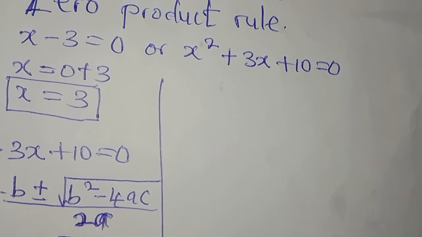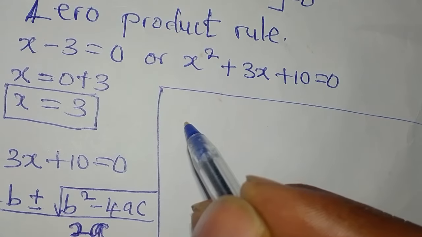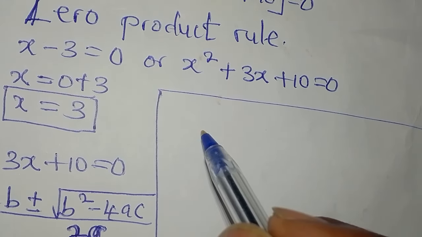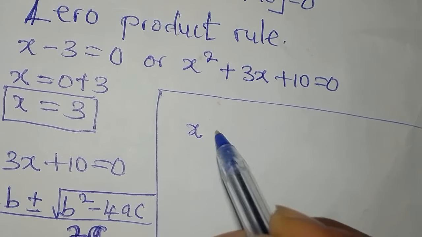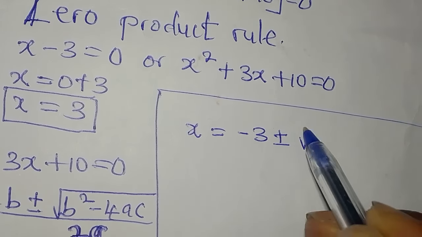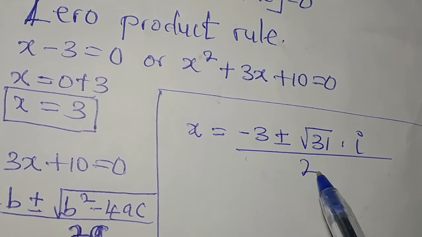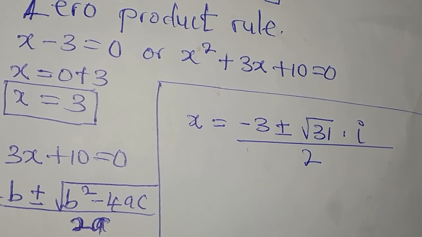So let's continue over here. Our x will be equal to minus 3 plus or minus square root of 31 times i over 2. And this is a 2-in-1 solution.